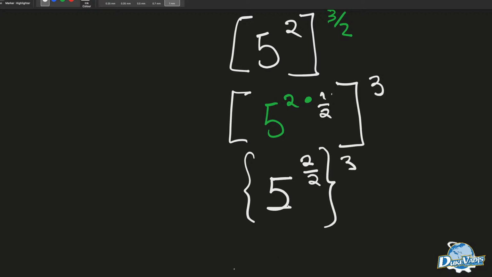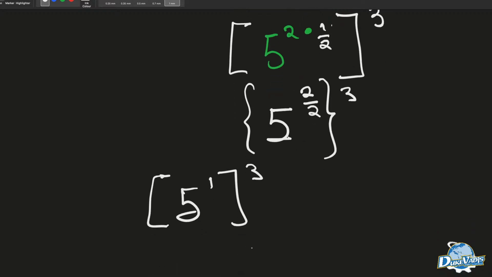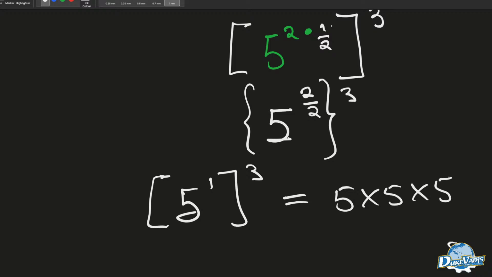That will give us 5 raised to the power 1, all cubed. And we know 5 raised to the power 1 is 5. So we are going to get 5 times 5 times 5, which is the same as 25 times 5.